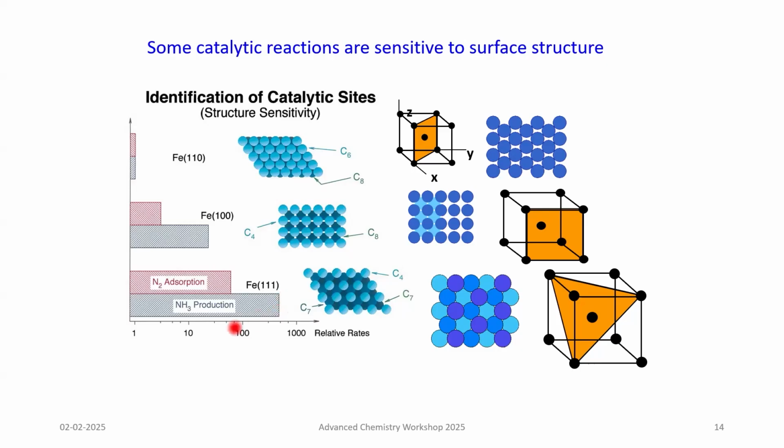And then what people have found is that ammonia production is very high in the case of the iron 111 plane. This is possible because of the surface chemistry, surface science techniques. So now in the real catalyst, if you analyze it, you should see more of these iron 111 planes. Small crystallites will be there in the real catalyst. These crystallites will have an orientation of 111 plane. That is the reason why you get good activity there.